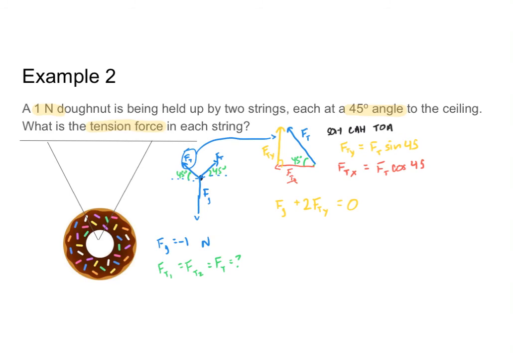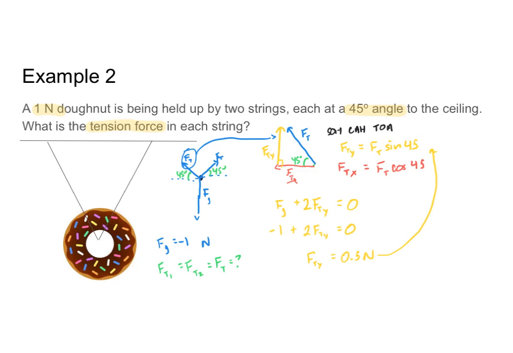So then what I can say is that the gravitational force on my object plus 2 times the force of tension in the y direction is equal to 0. And when I solve for that, I got the force of tension in the y direction is equal to 0.5 newtons, which I can then plug back into my equation.